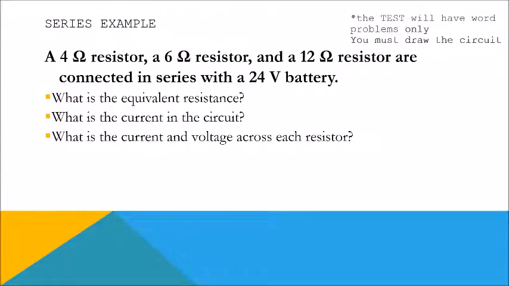So let's see what that looks like in this circuit. We have a 4 ohm resistor, a 6 ohm resistor, and a 12 ohm resistor connected in series with a 24 volt battery. And how that's drawn can be different ways. So we can have them lined up one right after the other.